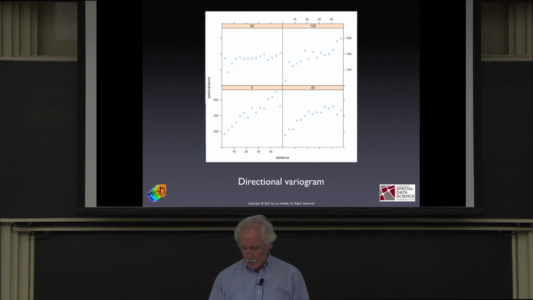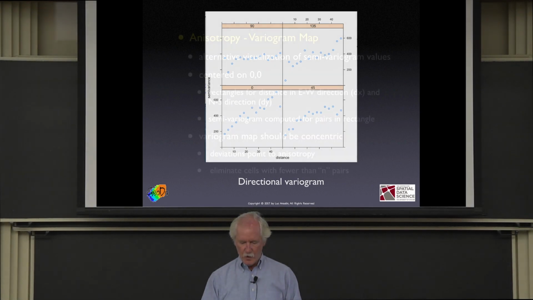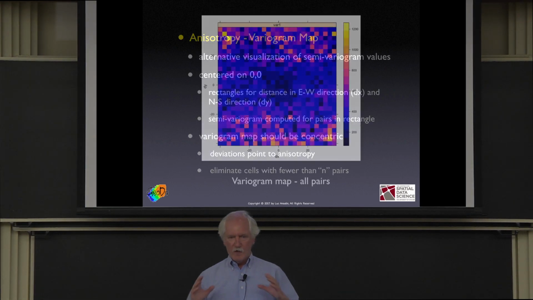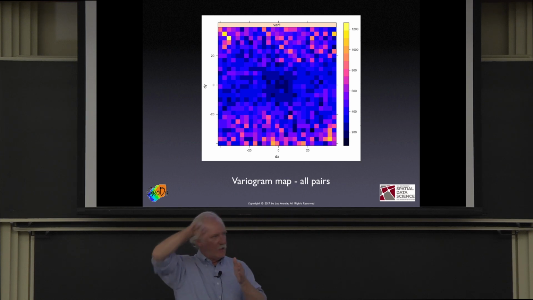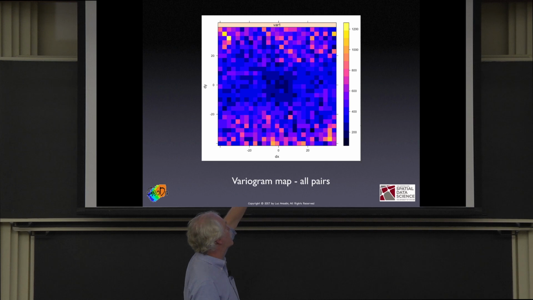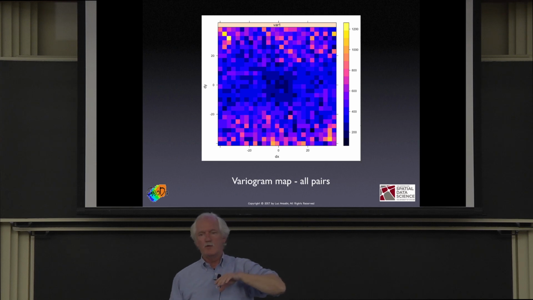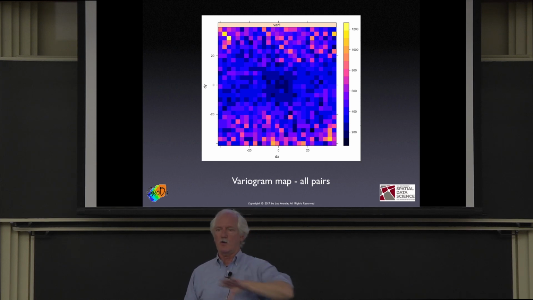Right? Another way of doing this is to go even further, and rather than just taking direction, angular ranges, and distance, you combine the two. So each of these little boxes shows separation in both distance and direction. And again, what you want to see is nice concentric circles.